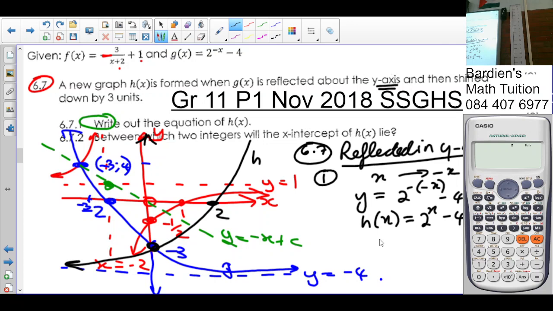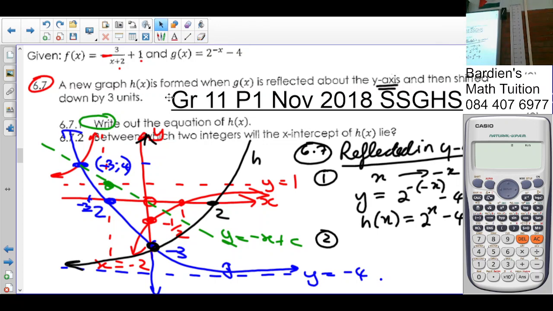Alright, so in number 2 we are told, between which two integers will the x-intercept of h of x lie? Oh, it's shifted as well. Sorry, I'm asking now, why did they ask this question?